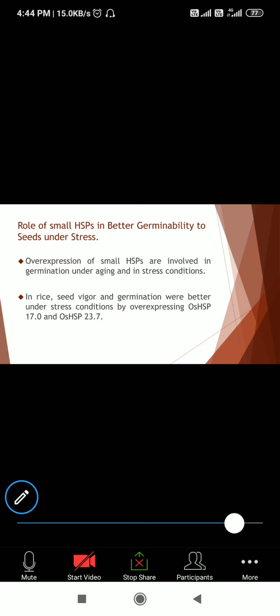They have called these heat shock proteins OSHP17 and another is OSHP23.7. As we know, these HP17 will be as per their molecular weight. This is how plants have developed tolerance to different environmental conditions due to the presence of the heat shock proteins in them.